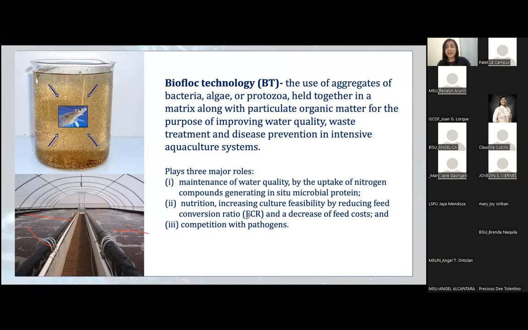I mean, improve FCR, sorry. And when you improve FCR, you're also decreasing the feed costs and competition with pathogens. So for example, mayroong mga beneficial bacteria dyan, it can also kill yung mga harmful pathogens that can cause disease to your cultured species. So very good, alam niyo yung sagot, it is biofloc technology.